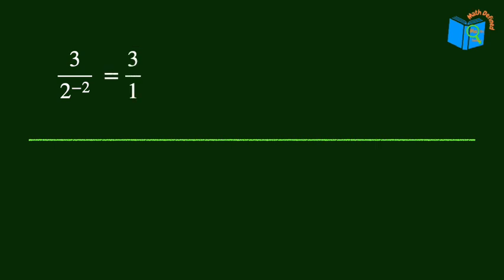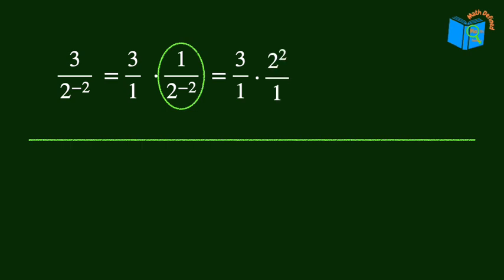Then I'll multiply it by 1 over 2 to the negative second power. This makes it clear which fraction has the negative exponent. Next, we'll bring over 3 over 1 and take the reciprocal of the second fraction, resulting in 2 squared over 1. We can simplify this to 3 times 2 squared, which equals 12.